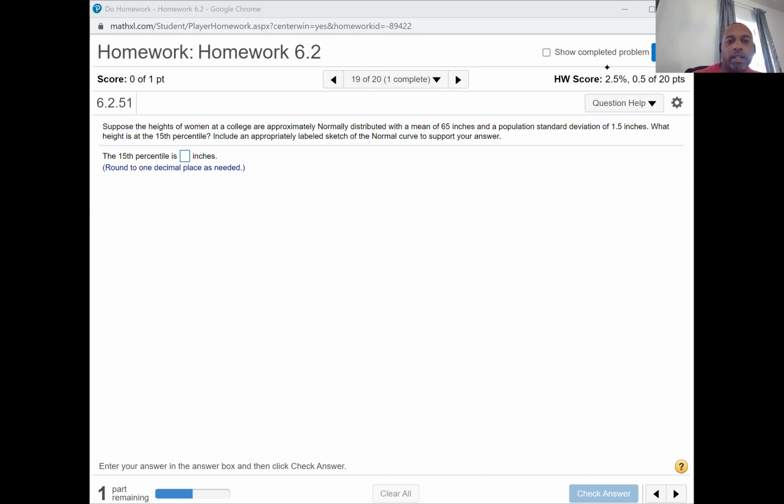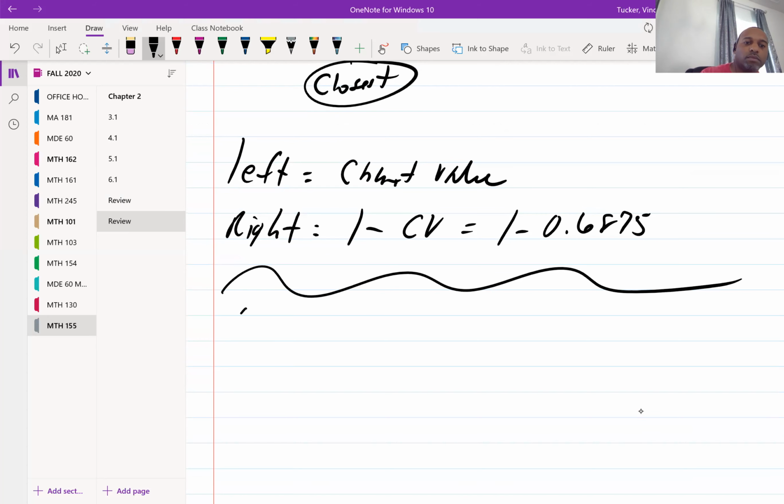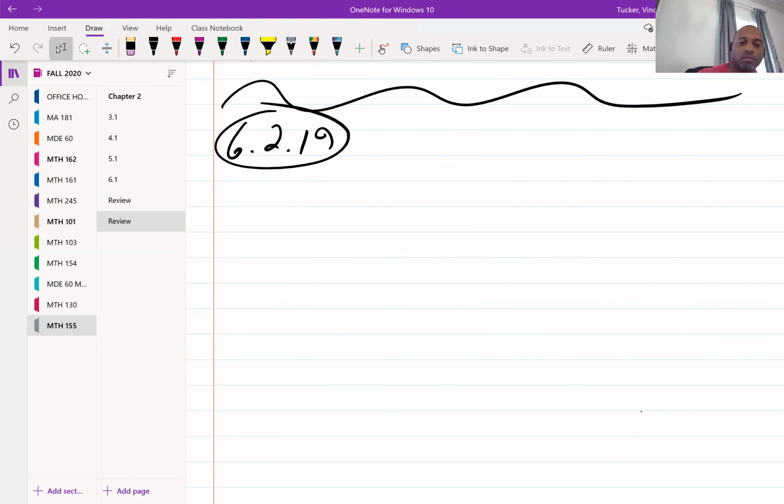I don't know if anyone got to that one yet, but we have a mean of 65, standard deviation of 1.2. No, that's 1.5.